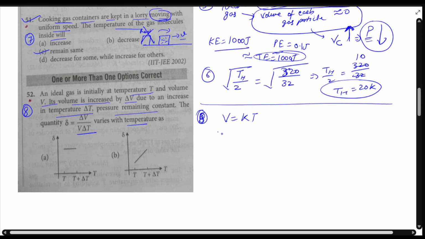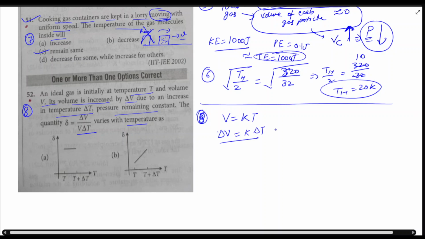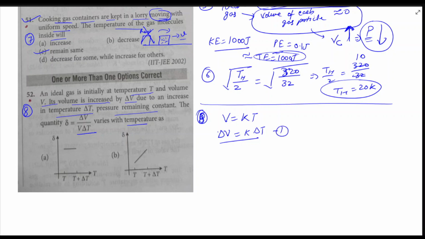If I partially differentiate it, we get delta V equals K delta T, right? So this is our first equation. Let's differentiate it: del V will be K delta T, and if you divide them, we have delta V by V equals delta T by T. This is what we have done in units and dimensions also.